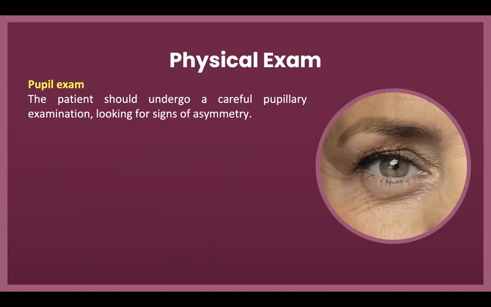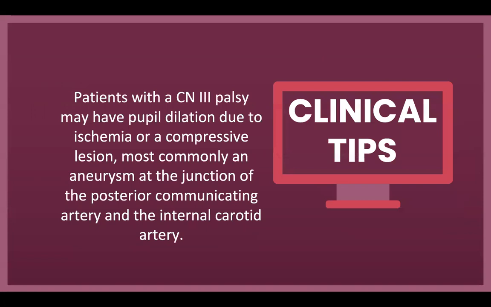For the pupillary exam, the patient will be checked for pupillary light reflexes and the asymmetry of both pupils. Also, we have a tip here. If you have a patient with cranial nerve number 3, oculomotor nerve palsy, with pupillary dilatation, it raises the suspicion of an aneurysm at the junction of the posterior communicating artery and the internal carotid artery.